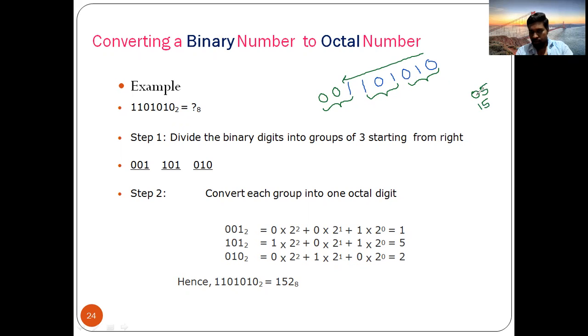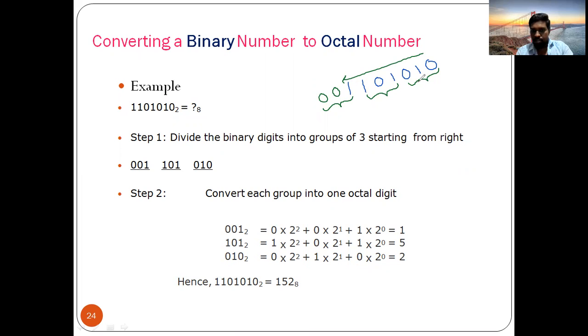If you keep 0 towards the left side, the value will not be changed. If you keep 1 towards the left side, the value will be changed. That's why I am saying only substitute zeros if you want. Why? Because I have only 1 bit remaining, but I need 3 bits for grouping. That's why I added 2 zeros towards the left side.